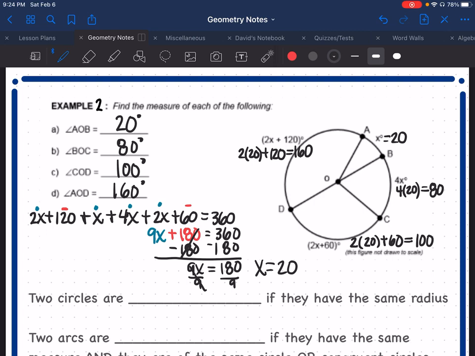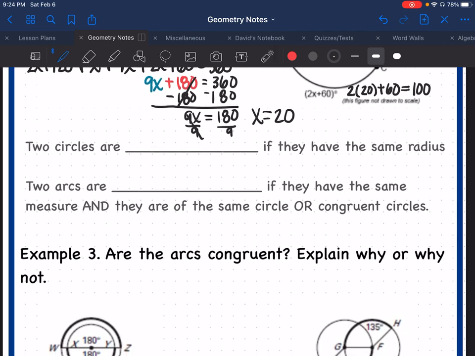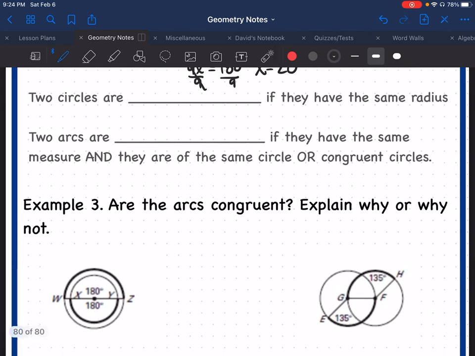All right, the last thing I want to talk to you guys today about is when two circles, sorry, we talk about triangles so much, are congruent. And remember, this is my symbol for congruent. So when are they exactly the same? They are if they have the same radius.